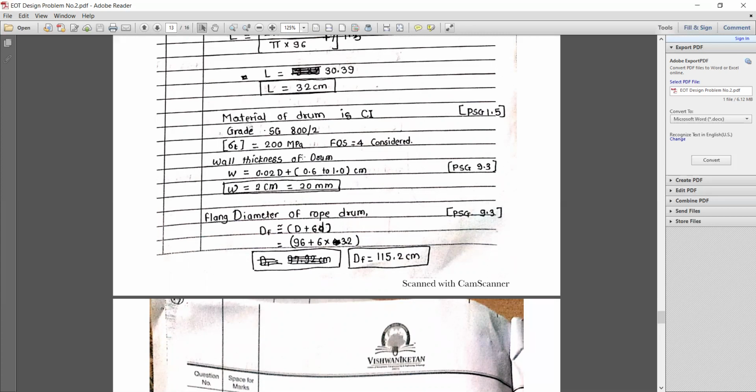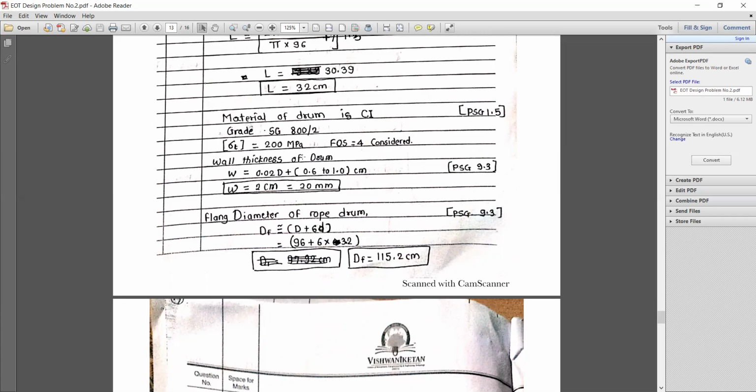Generally the drum is not manufactured on a machine, it is purely casting. So the cast material we can refer from page number 1.4. Here the CI with the grade SG 800 by 2 is to be considered, with the design sigma t equal to 200 megapascal. Factor of safety considered is 4.